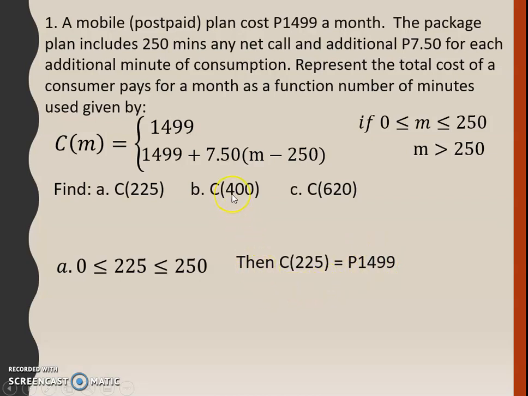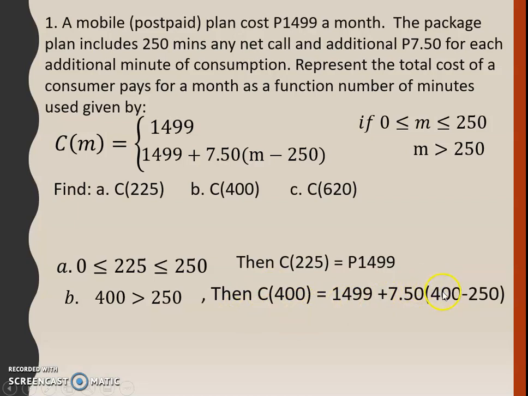How about for letter B? If the subscriber consumes 400 minutes, we will have the second case, so the second equation. Exceeding 250 minutes, we have the second equation for the piecewise.